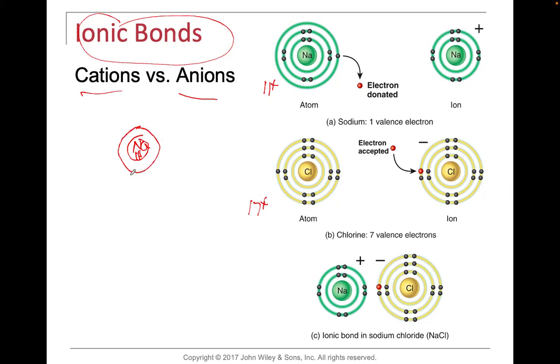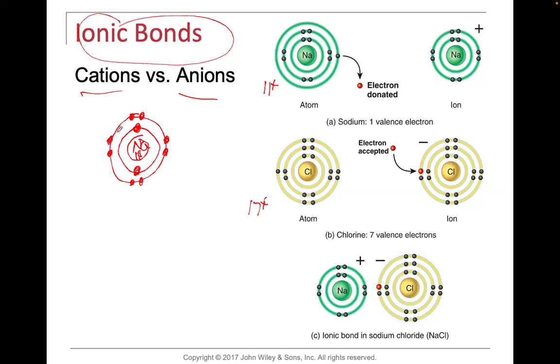So how many can fit in the first ring? It's going to be 2. Now we need 11, so I can't put 11 in this ring, so it forces me to add another electron shell. So let's count up to 11. We already got 2, 3, 4, 5, 6, 7, 8, 9, 10.